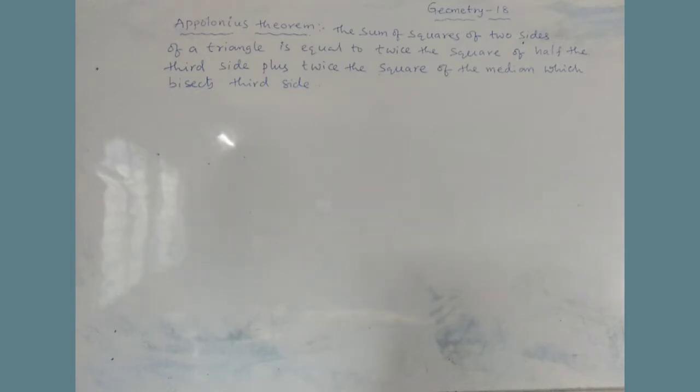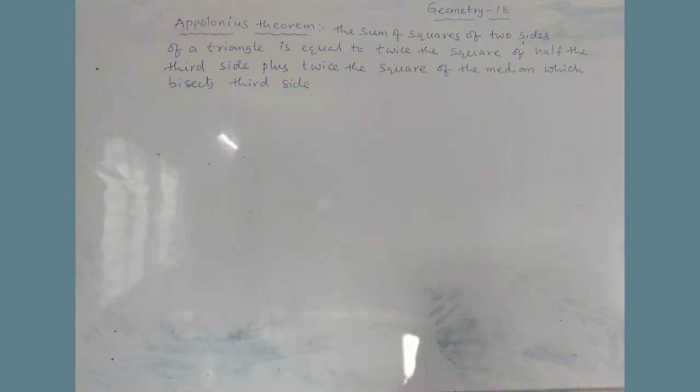The sum of squares of two sides of a triangle is equal to twice the square of half the third side plus twice the square of the median which bisects the third side.